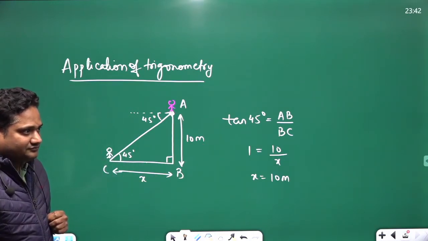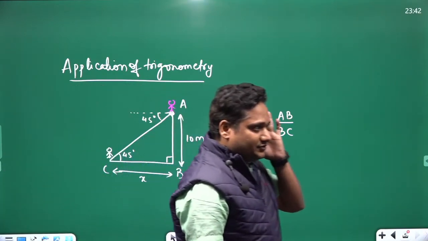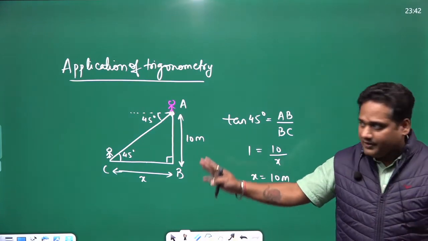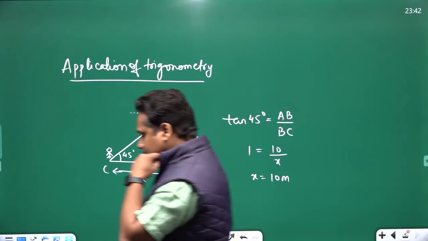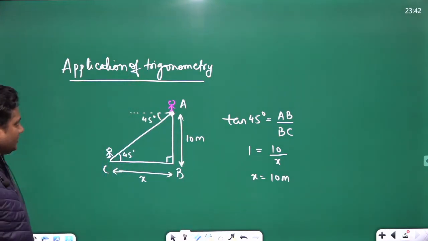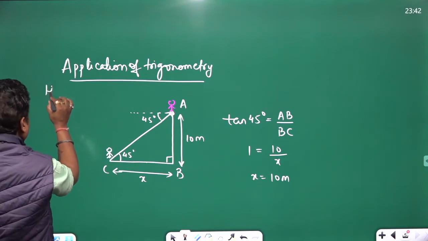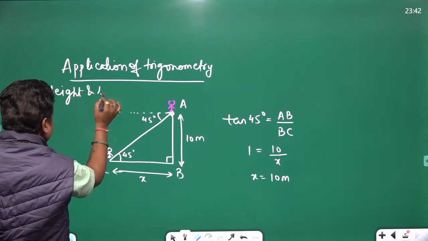Okay, got it? So let us discuss the terminologies used in this part, and this is in your textbook. We can also call this heading height and distance in India. Height and distance.